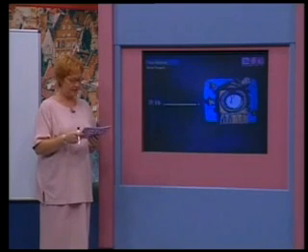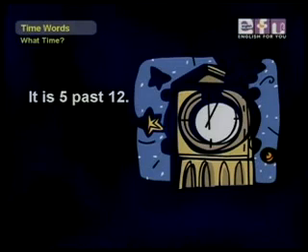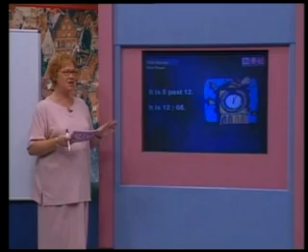Okay, Lisa, back to you. It is 5 past 12. It is 12:05. All right. It is 5 past 12. It is 12:05. Lisa, is it midnight? Yes, it is midnight. Okay. All right.